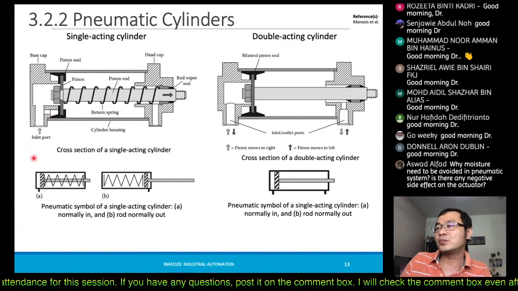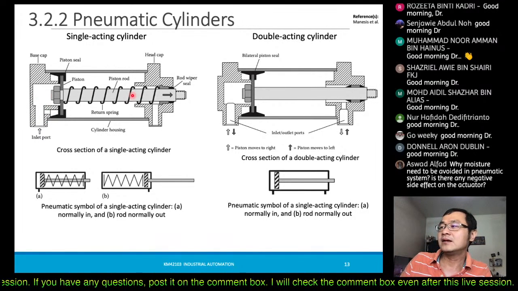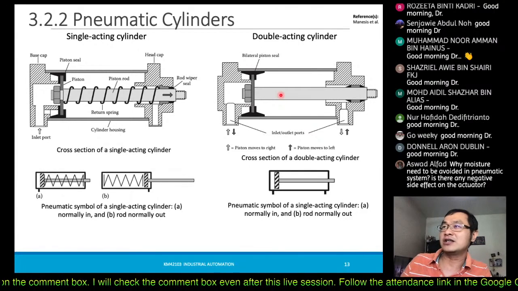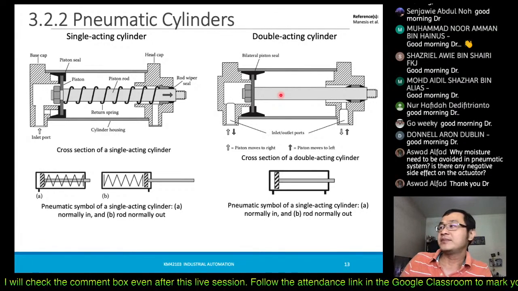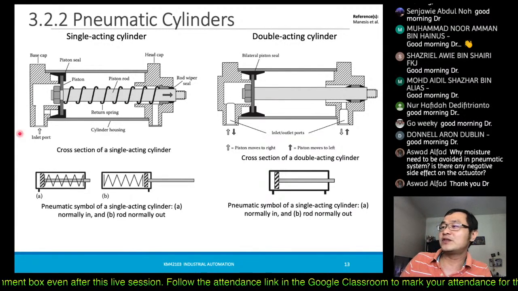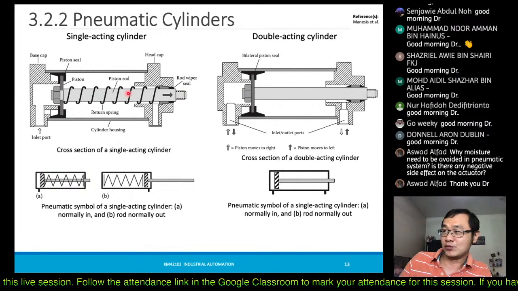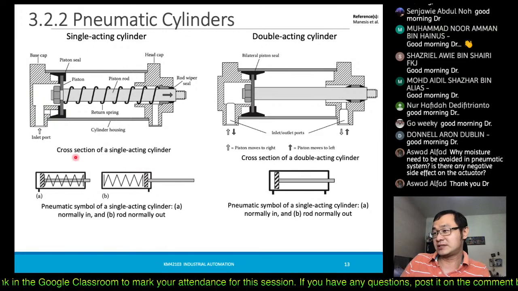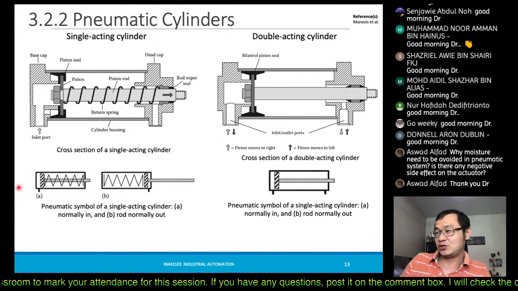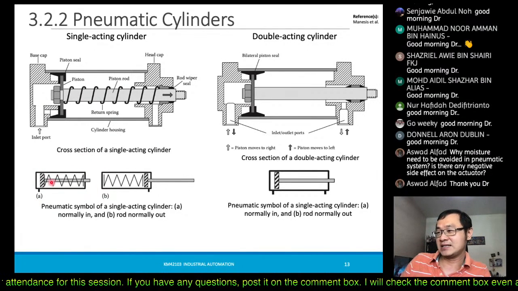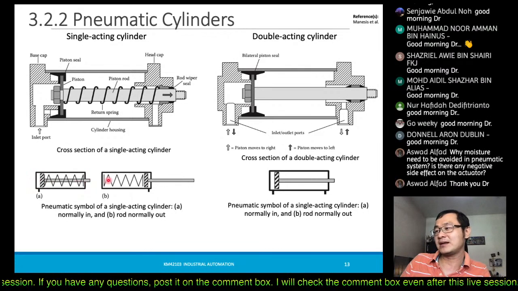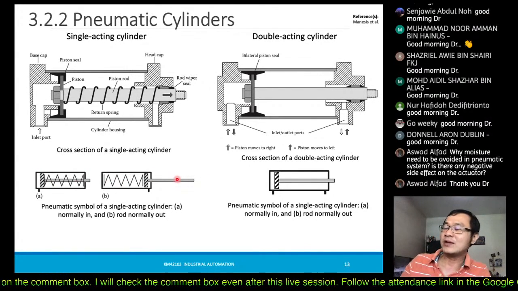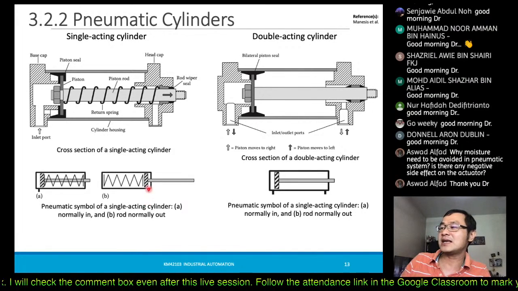So you push air in from one side, so it will extend forward. Then when you remove this air, it will return by the action of the spring. In symbol form, we may draw it this way. So it either returns to this position or is always extended. When we pump in the pressurized air, only then is it moving back inside.